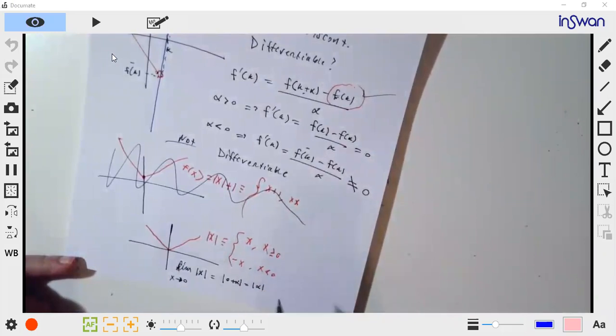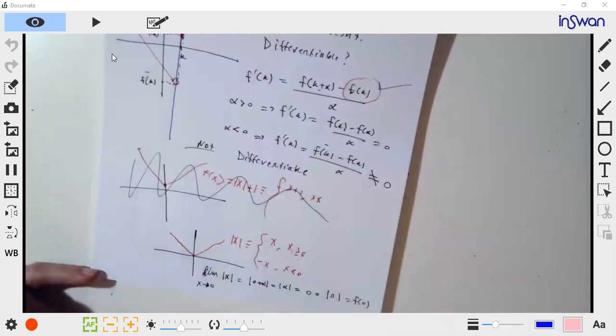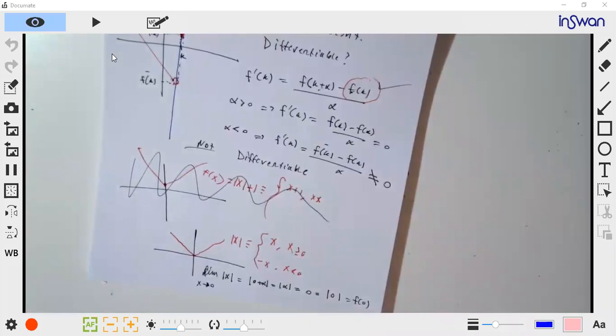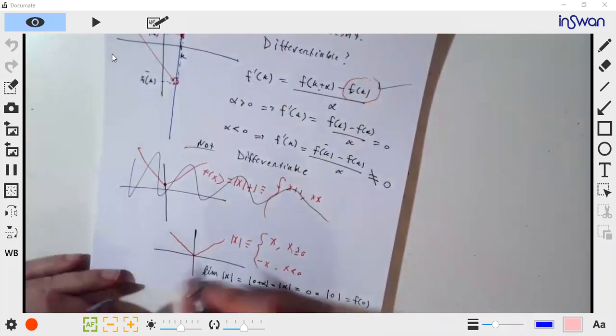Okay, which in both cases, whether it's positive or negative, equals 0, which is the same thing as absolute value of 0, which is evaluating the function at 0. So whenever you evaluate the function and it outputs the same as the limit, that means it's continuous. So the absolute value of x is continuous, but it is not differentiable at this point.